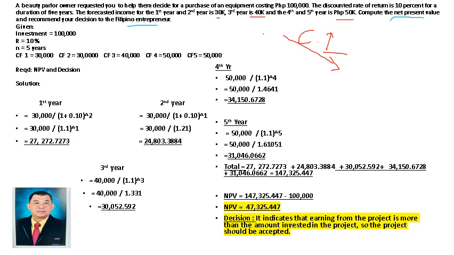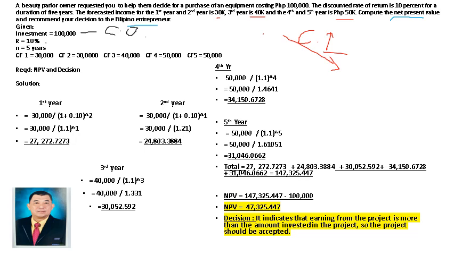Maybe you are taking up financial management or business finance, and probably one of your relatives who wants to invest in a certain project or business would like to seek your help. What is the decision, to accept or reject the project? So, net present value can be of great help. All right. So, let's write all the given. The investment is 100,000. So, that is your cash outflow.